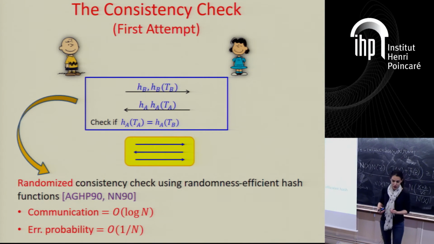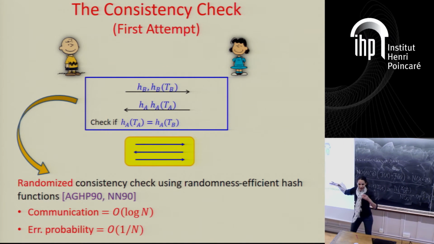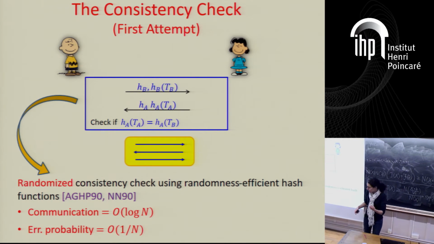But before I do the error correction, I just want to point out that we know how to do this, and I don't want to get into it, but there's a beautiful work of Alon et al. in which they construct hash functions where the description of the hash is only order log n bits. The output of the hash is only order log n bits.